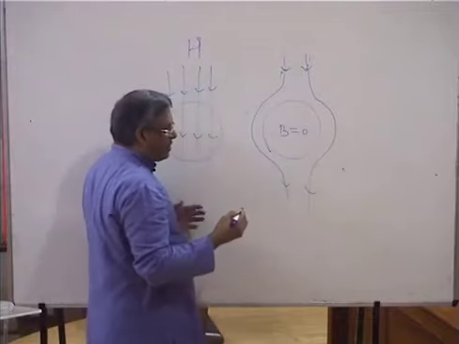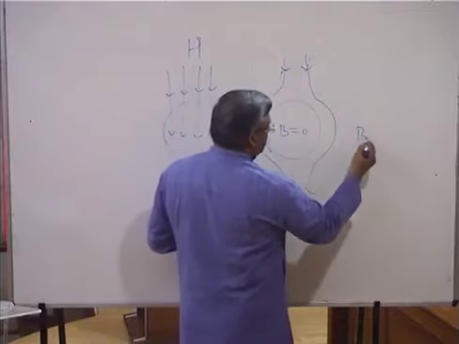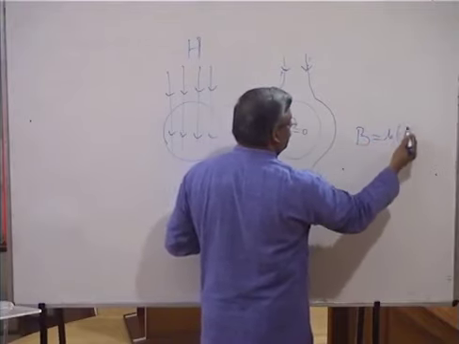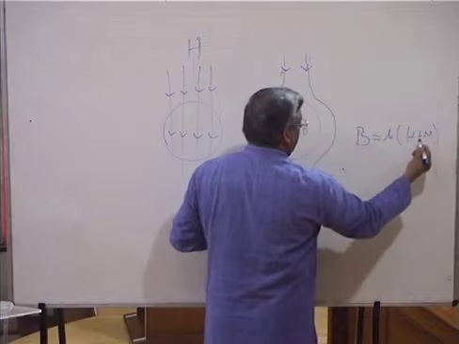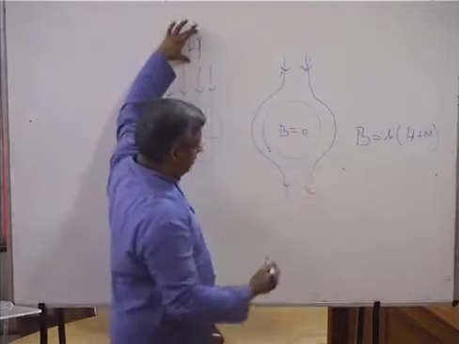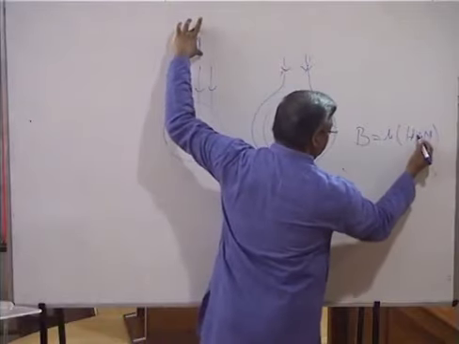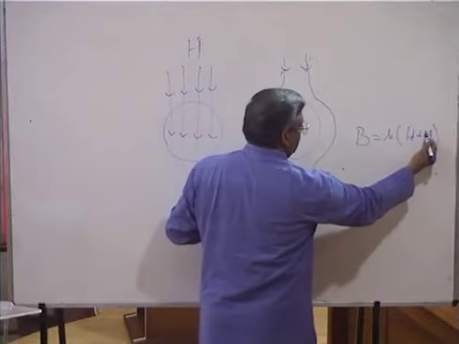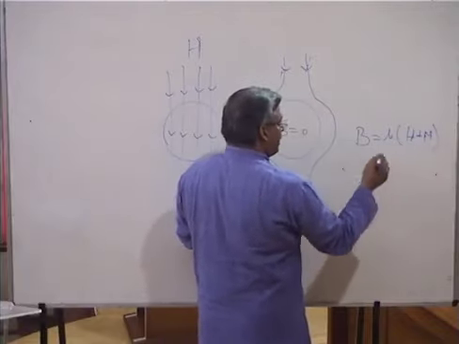Generally, you should understand the field within a material is represented by the equation B = mu(H + M), where H is the magnitude of the applied field and M is nothing but the response of this material to this field, which is called magnetization.